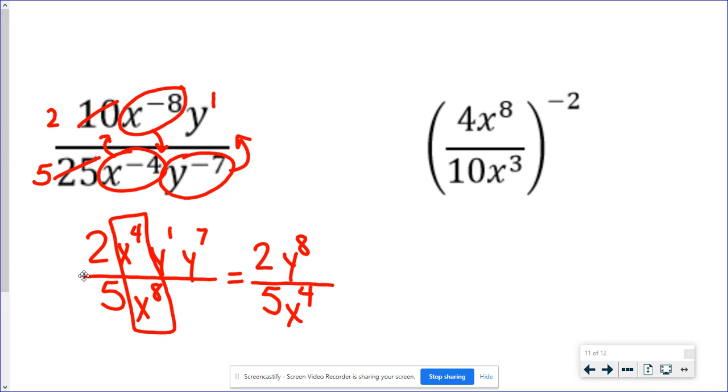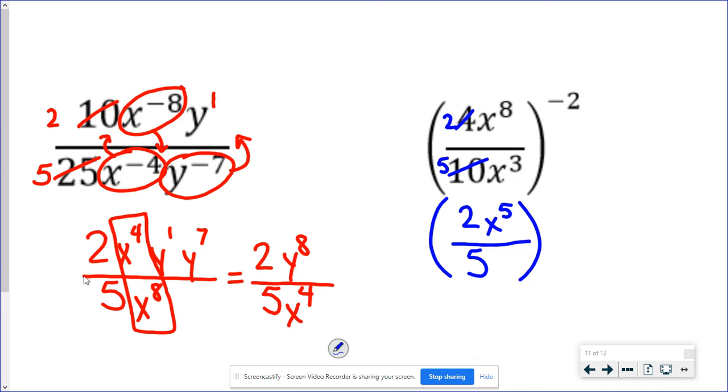All right, this last one is kind of tricky with that negative exponent. Let's first clean up the fraction that I have inside there. The 4 and the 10, I could simplify that. That'd be a 2 and a 5. For the x's, I have more x's on the top, and there's 5 more on the top. Now, this is all to the -2 power.